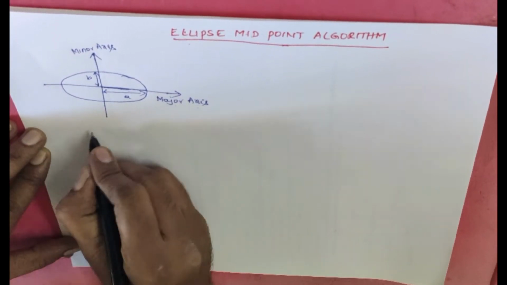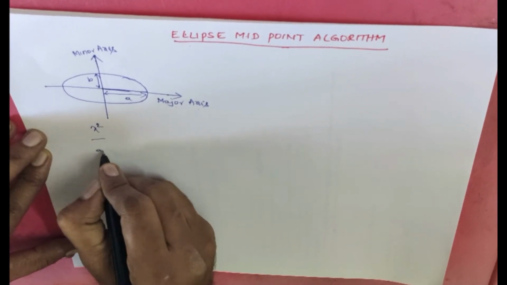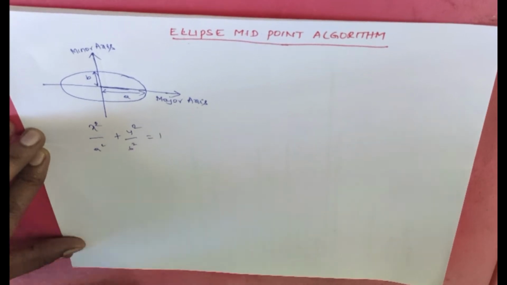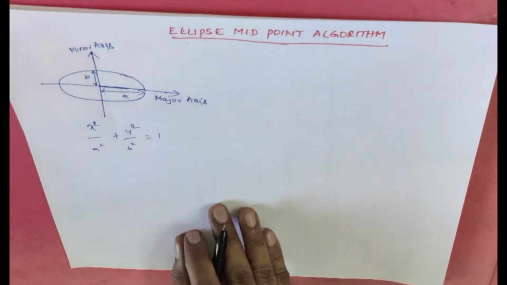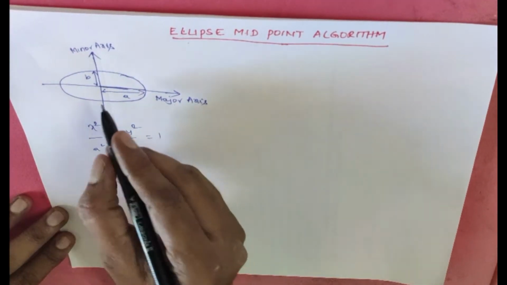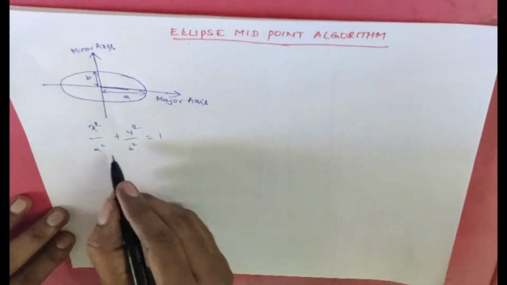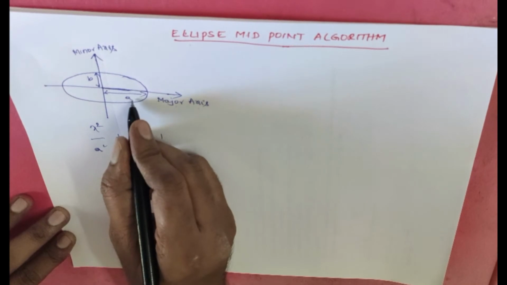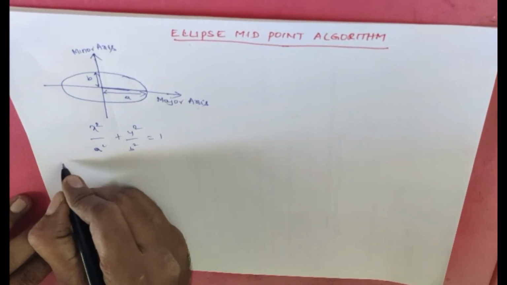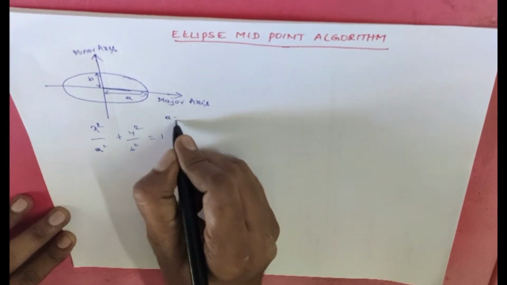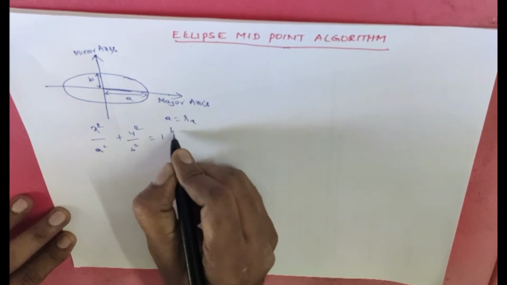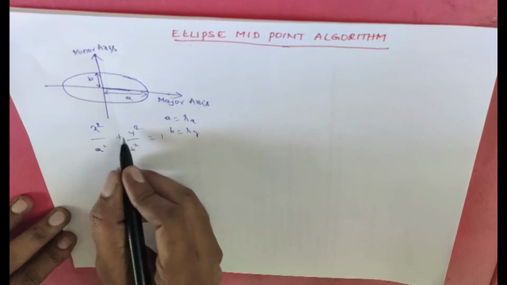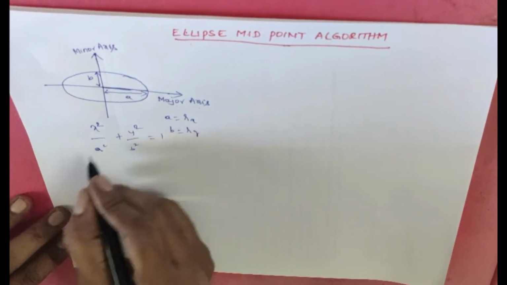The ellipse equation is given by x square by a square plus y square by b square is equal to 1. Now we'll put a as rx and b as ry. I'll simplify this equation.